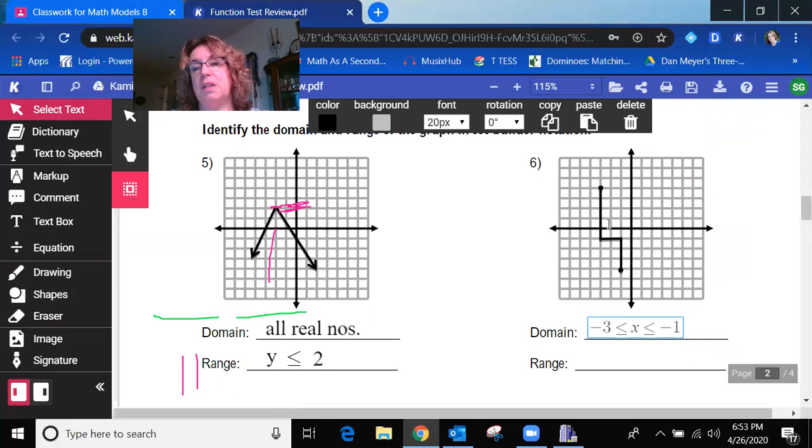It just stays right in here. It doesn't go forever. It just really plays between -3, doesn't get past there, and over here to -1. Hopefully you can see my cursor. Now I'm ready to do the range, which is up and down. So we're always going to start at the bottom. That's kind of the tricky part here, the bottom.